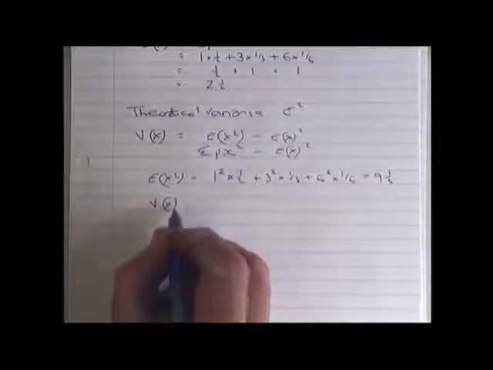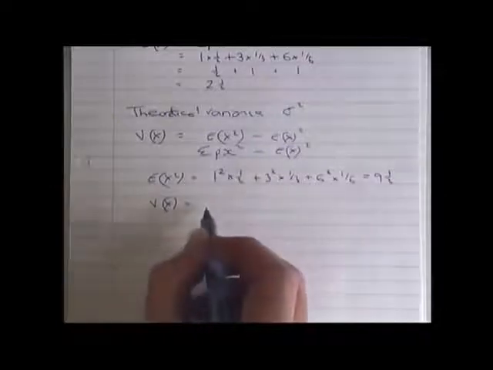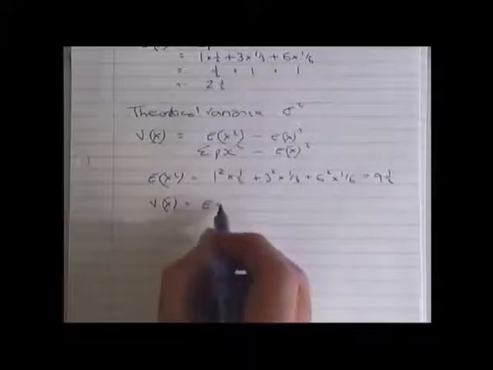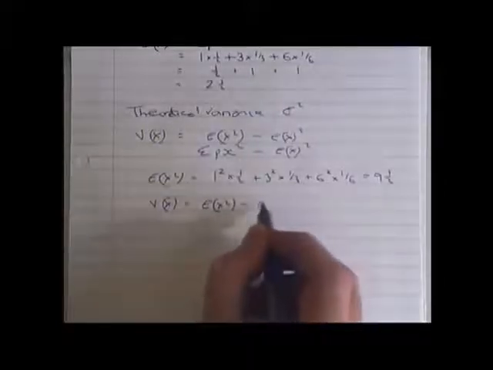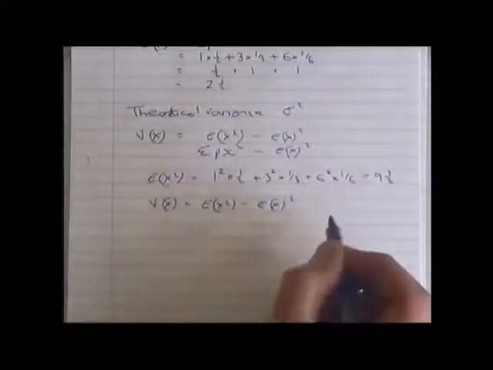Shall I just tell you the answer to that? Yeah. 9.5. Okay, so the variance will be the expectation of x squared take away the expectation of x, all squared.